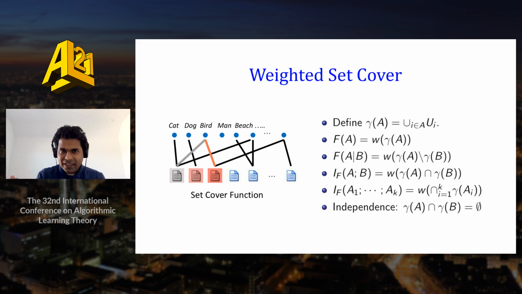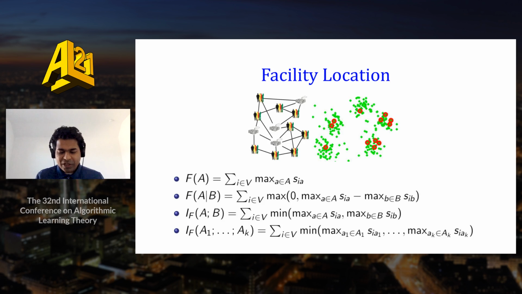Slightly more interestingly, we can define this for the set cover as well. For the set cover, it turns out that it is the weighted set cover on the difference in the concepts. So the conditional gain is the difference in the concepts. The mutual information is the intersection in the concept space, and so on and so forth. You can also define this for facility location, and this has an interesting expression, the min of the max expression.